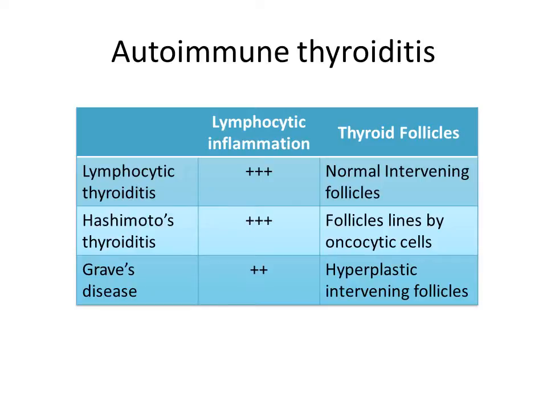The thyroid follicles in lymphocytic thyroiditis are normal intervening follicles. Hashimoto thyroiditis shows follicles that are lined by oncocytic cells, and Graves' disease has hyperplastic intervening follicles. So with these two characteristics, the lymphocytic inflammation and thyroid follicle characteristics, you can pretty much tell them apart.